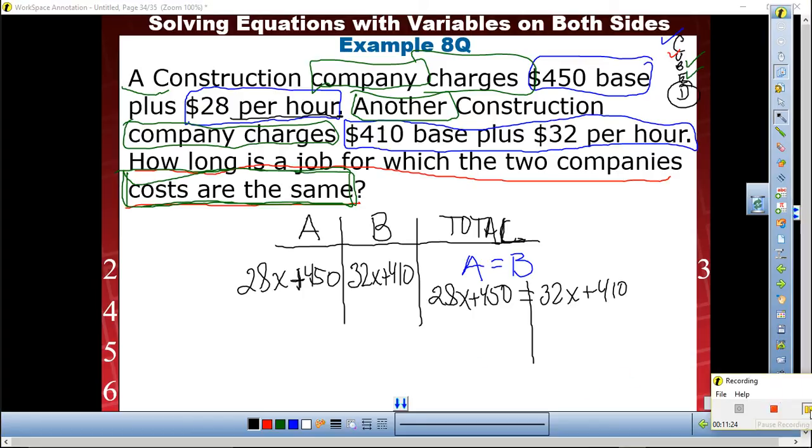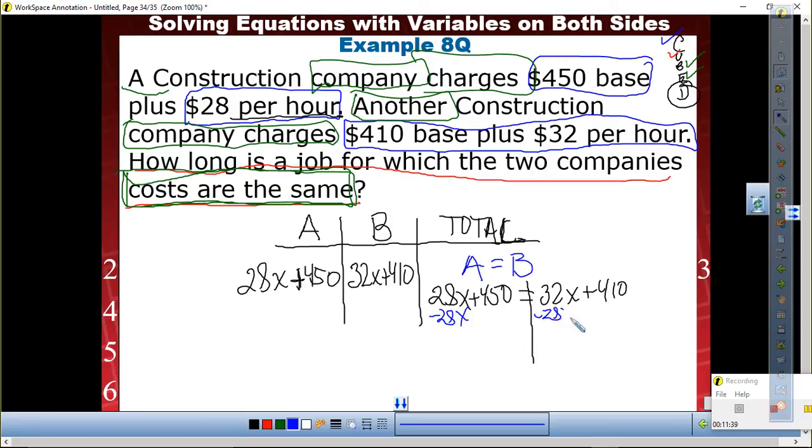Go. All right, help me out right there. Melanie, what do I do? Subtract what? Subtract 28x from each side. We're left with 450 equals 4x plus 410. Continue, Juliana.